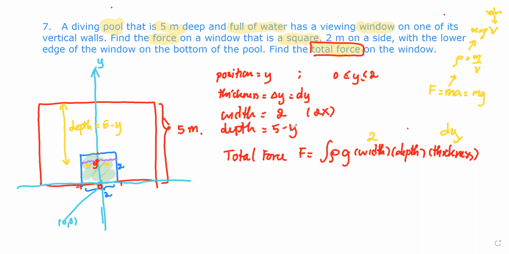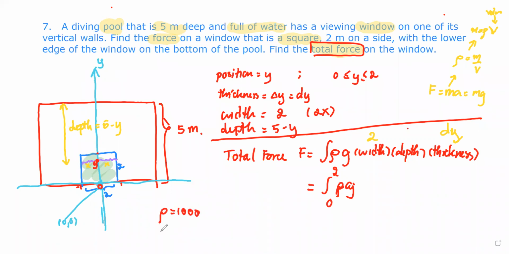After that, you put them all into the integrand and work the normal way as you always do. Would that help? So it's going to be the integral from 0 to 2 of rho g, with rho equals 1,000 and g equals 9.8.